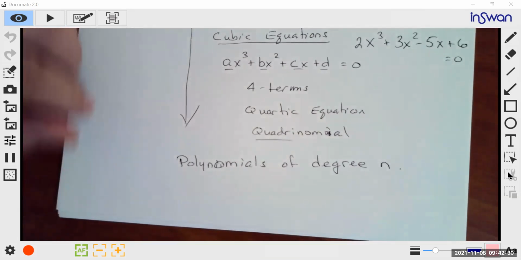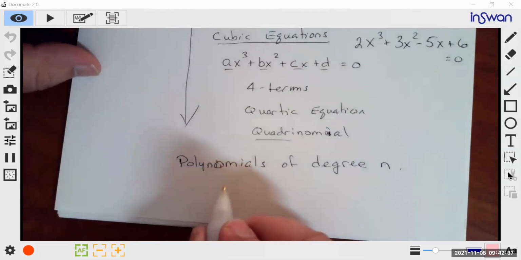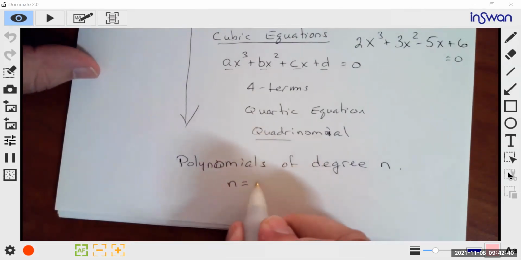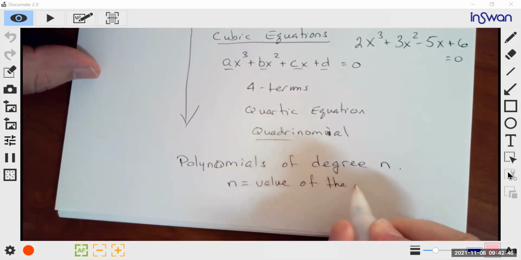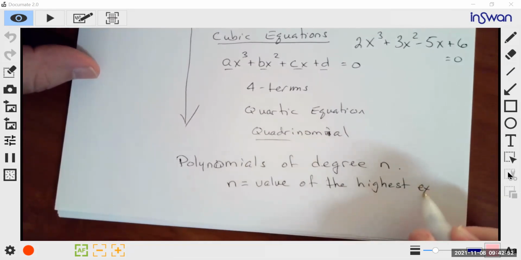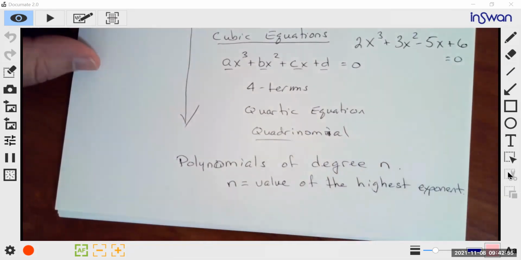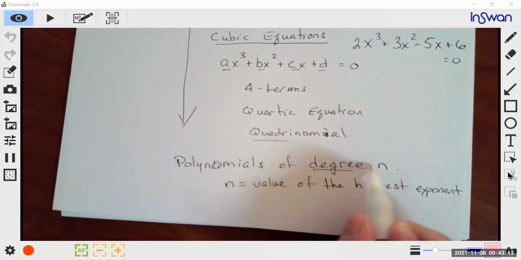Of degree n. n is the value of the highest exponent. So the degree is the n.